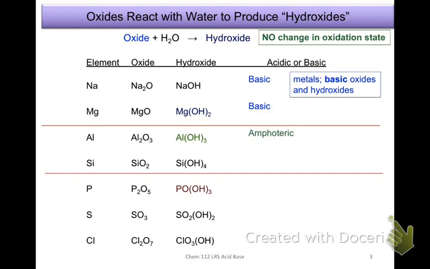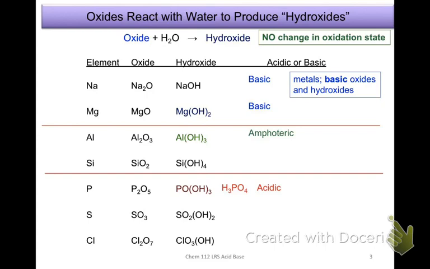The elements at the bottom, phosphorus, sulfur, and chlorine, form oxides and hydroxides as listed down below. If we did the experiment and tested with an indicator to show whether these are acidic or basic solutions in water, we would find that an acidic solution is formed when P2O5 is put in water. Same for SO3 and Cl2O7. They all form acids. In fact, we can write these formulas in a different way that's more familiar to us.